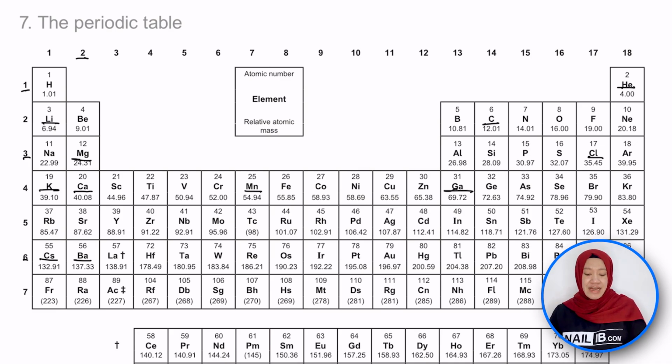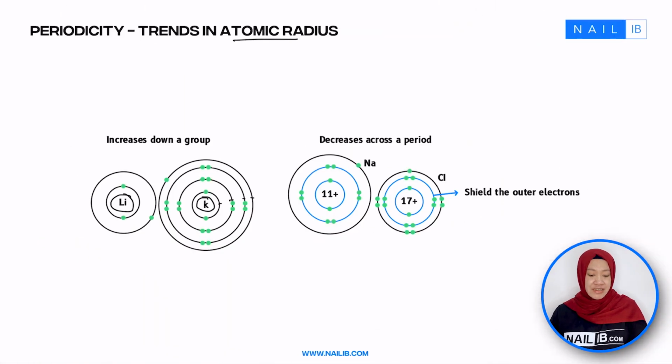So if it has more shells, for example K has 4 shells and Li only has 2 shells, K has a bigger atomic radius than Li, because K has more electrons and therefore needs more shells to accommodate all the electrons.